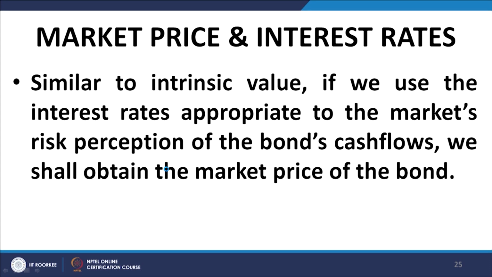However, there is an important observation here. In this case it is very difficult to assess or estimate the market interest rates relating to a particular bond or the riskiness of a particular bond. So, what normally happens is that the bond price is determined, at the macro level at least, by the forces of demand and supply.